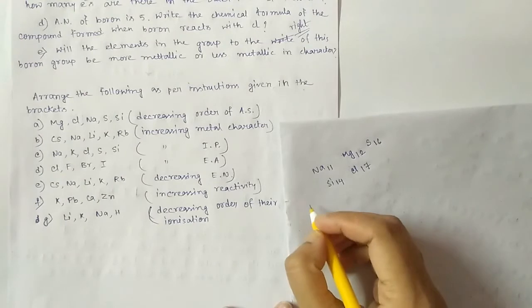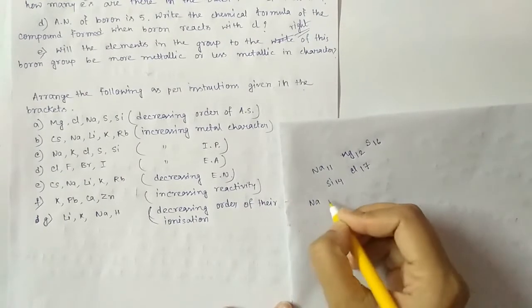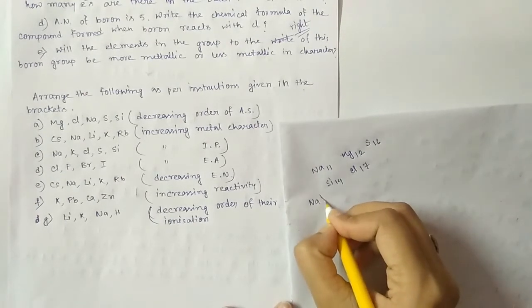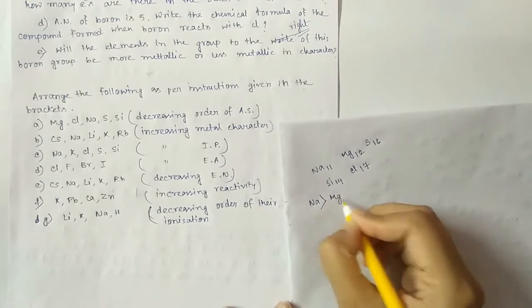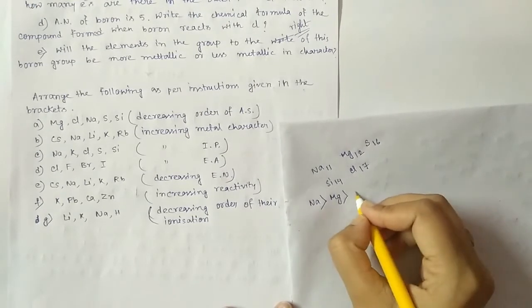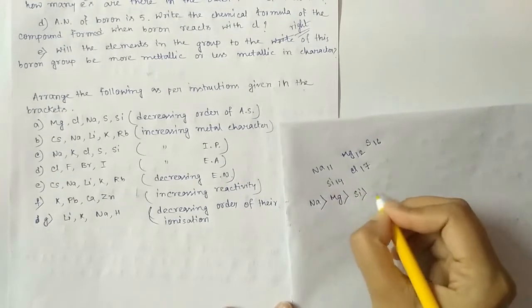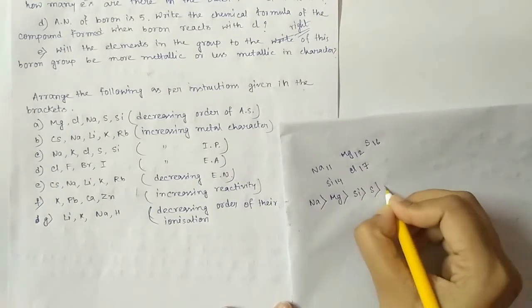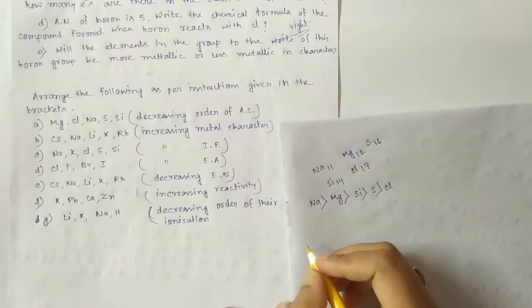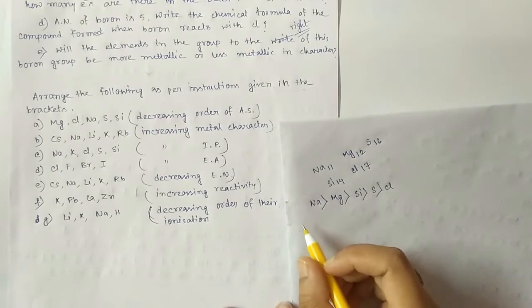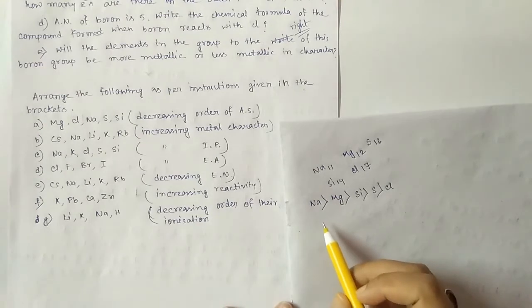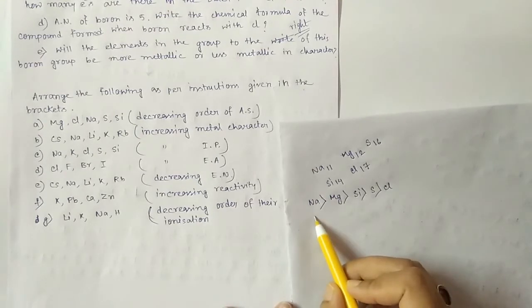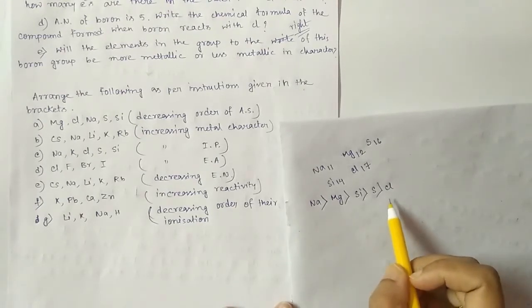So your answer will be sodium having the greatest atomic size, then magnesium, then silicon, then sulfur, and then chlorine. Now the question is decreasing order of atomic size, so you have to start with the greatest or largest element, this is sodium, and end with the least or smallest element, that is chlorine.